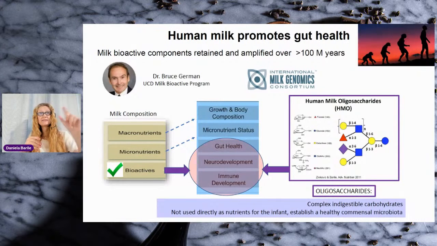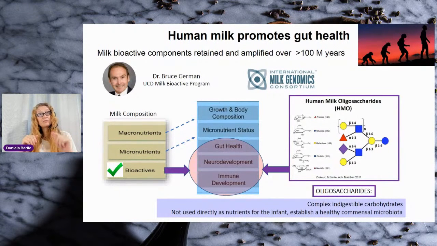As we can see in the slide on the left, there's a snapshot of milk composition. We have macronutrients and micronutrients. Macronutrients are well known. There are databases about that, and they affect growth and body composition. Then we have micronutrient status: elements, vitamins. But what's really important, and what is most unknown, embarrassingly, about breast milk, is the category of bioactive components.